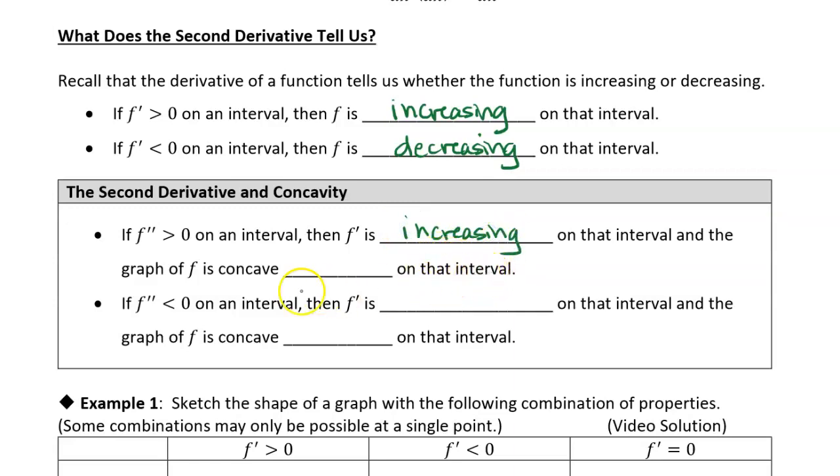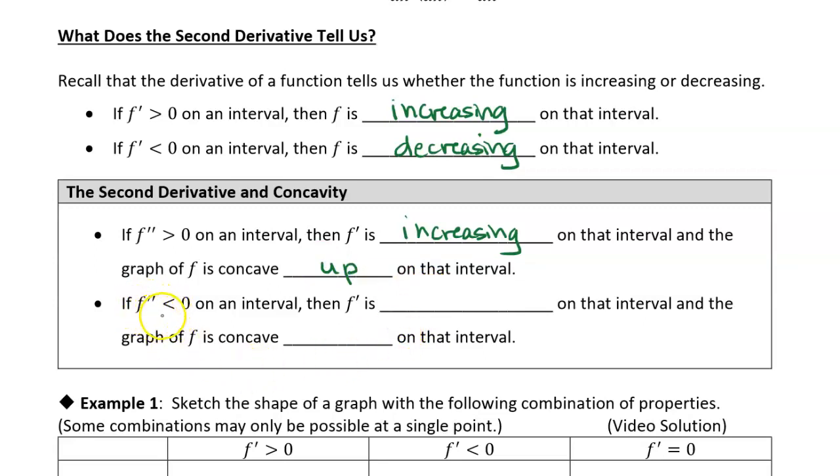And so for a small change in the independent variable, f prime is increasing if f double prime is positive. We've talked about concavity before, and we said that if the rate of change is increasing, it's concave up. So if f double prime is positive, meaning that f prime is increasing, then it's concave up on that interval.